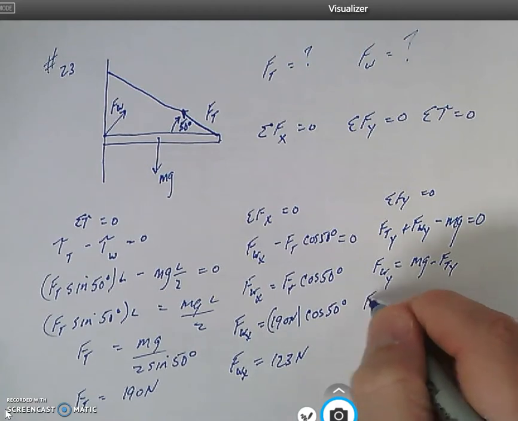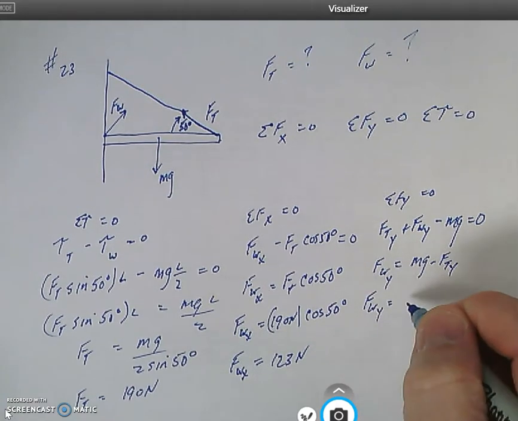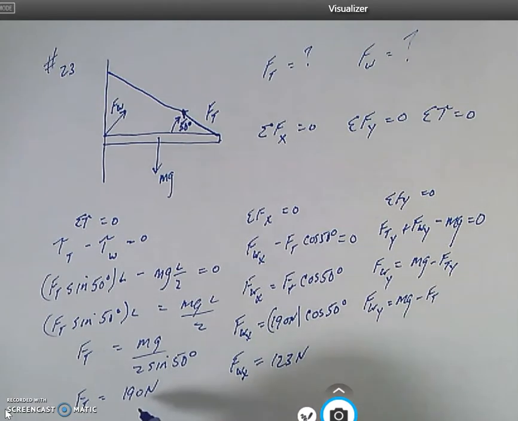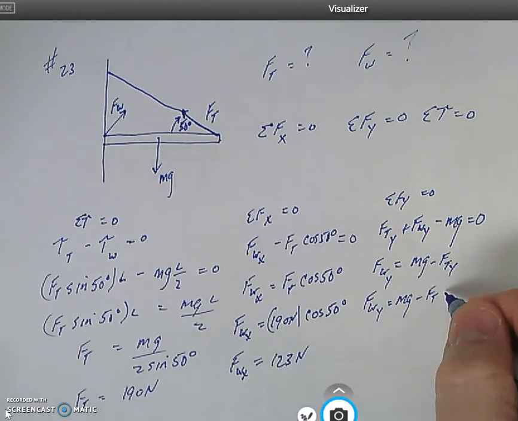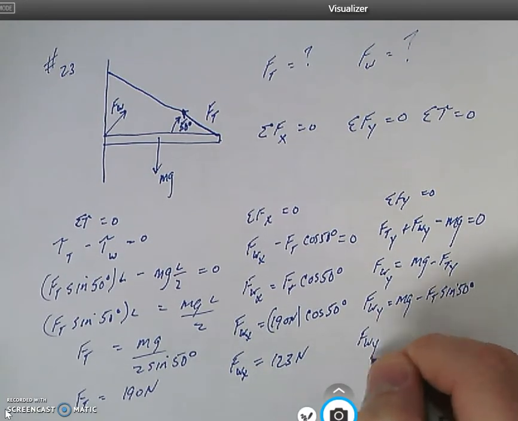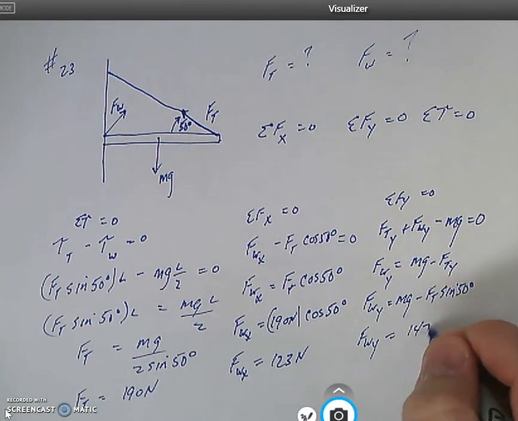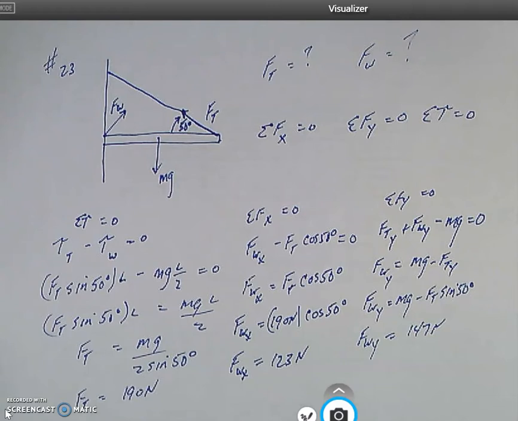So the wall's y force is m times g minus this full tension force of 190 newtons times the sine of 50 degrees. And if we put all those numbers together, the y force for the wall is roughly 147 newtons.